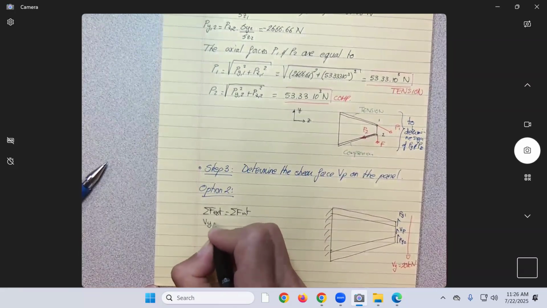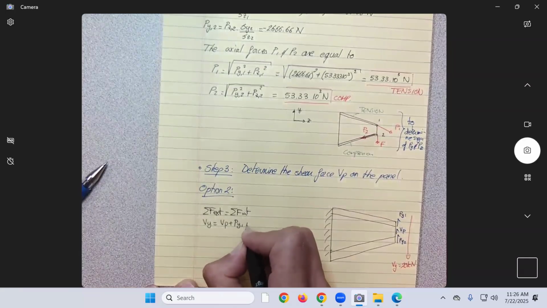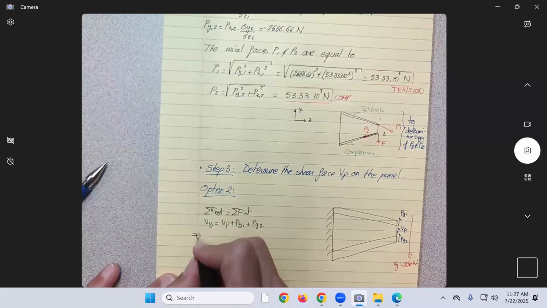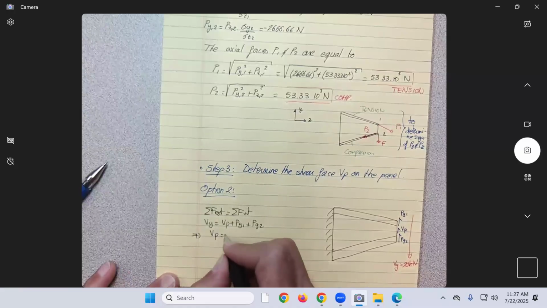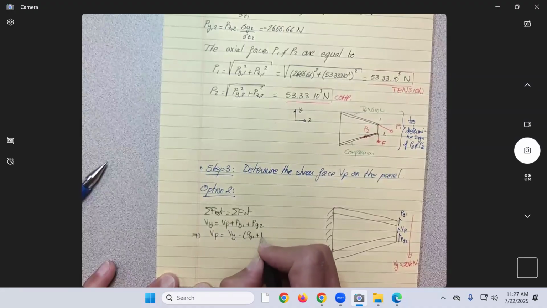We have Vy equal to Vp plus Py1 plus Py2. Remember, just look at the magnitude. So Vp equals Vy minus Py1 plus Py2.